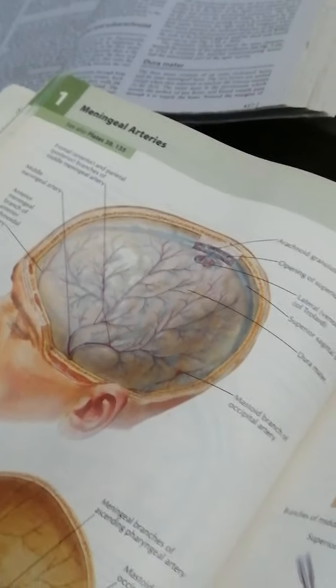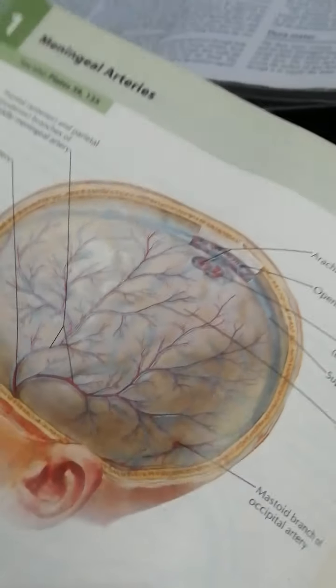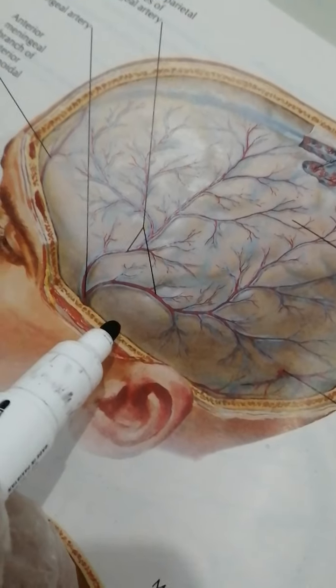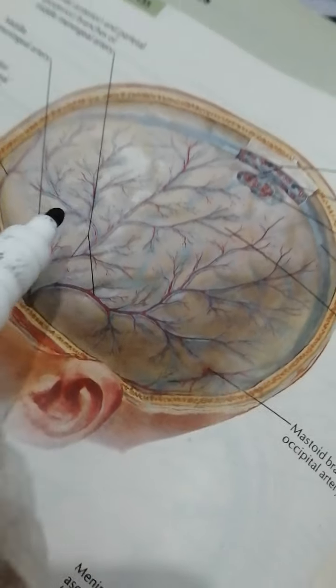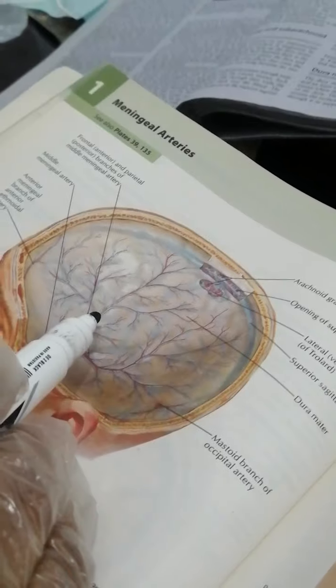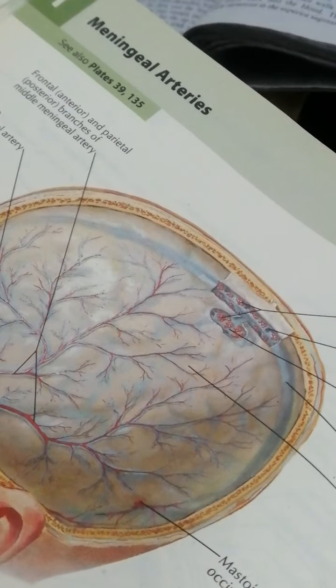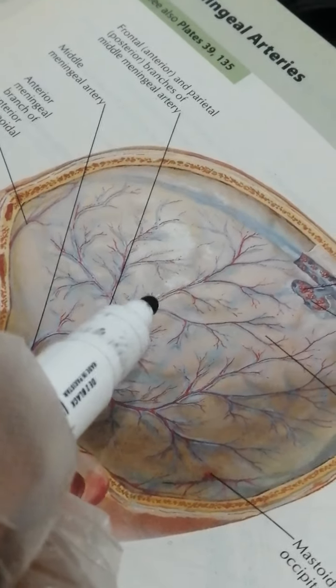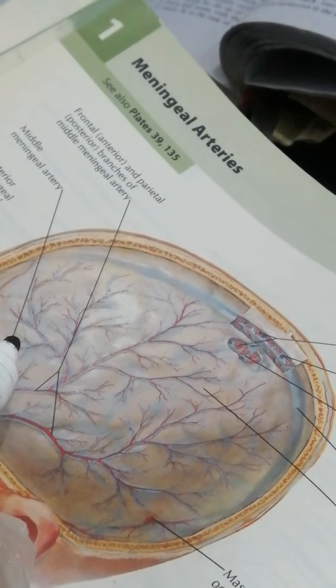Look closely. You can see this is the skull bone, which you removed, and then you can see over here these blood vessels that lie over the pia mater between the dura and arachnoid.